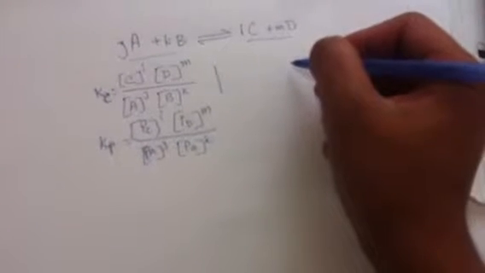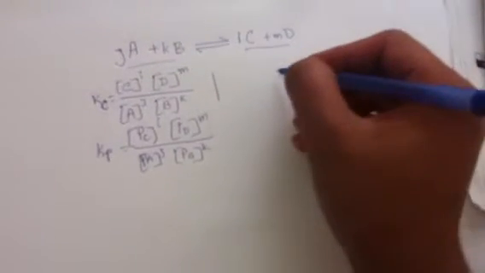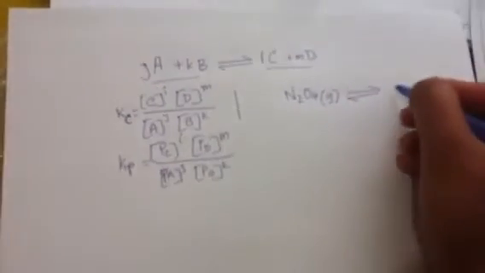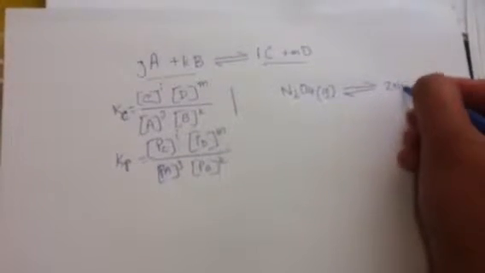Let's say I have this reaction: N2O4 gas in equilibrium giving me 2NO2 gas. How do I find Kc? I need all concentrations at equilibrium, and the temperature. Let's say my temperature is given as 298 Kelvin.